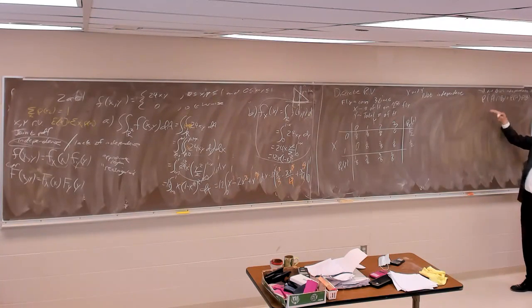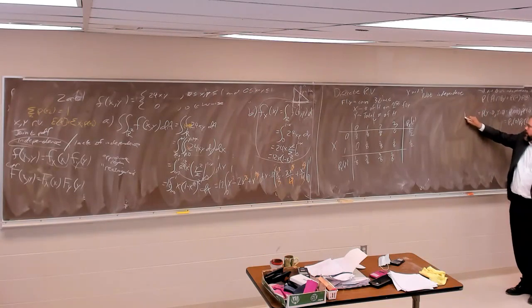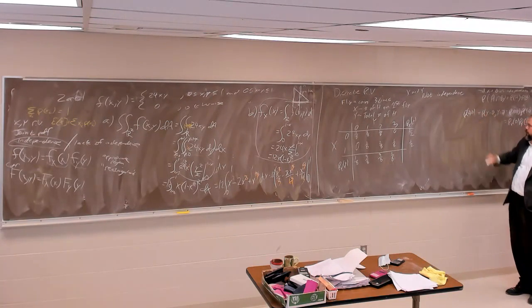So if x and y are independent, then the probability that x is equal to 0 and y is equal to 0 should be the probability x is equal to 0 times the probability y is equal to 0. That would be the marginal probability of x with a 0 plugged in, and the marginal probability of y with a 0 plugged in. And of course, the left side is just what we call a joint probability with a 0 and a 0 plugged in.